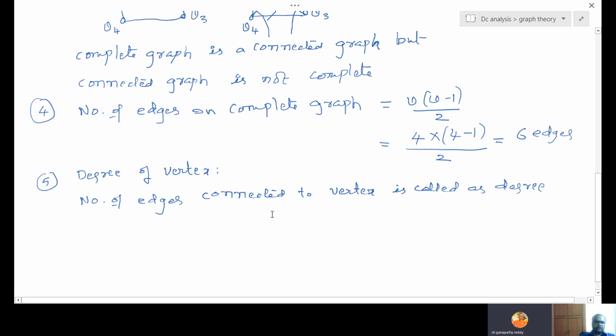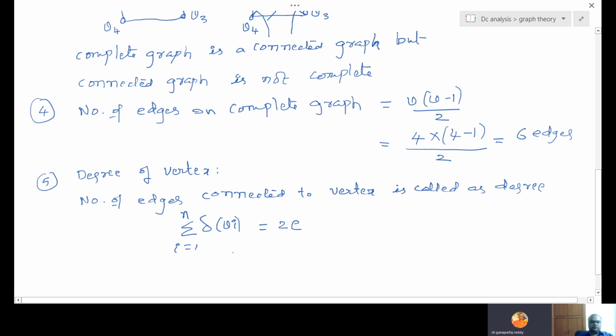So mathematically there is a formula. That is sigma degree of vi, i equal to 1 to n, equals 2e. E is number of edges.